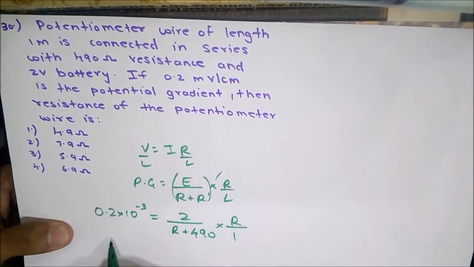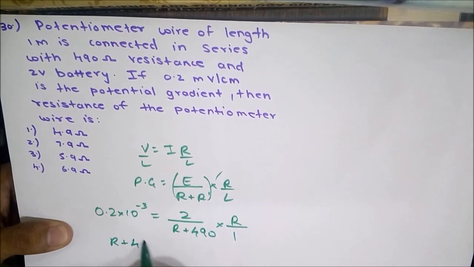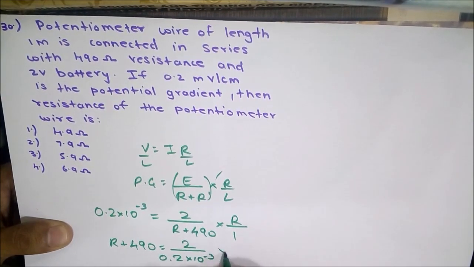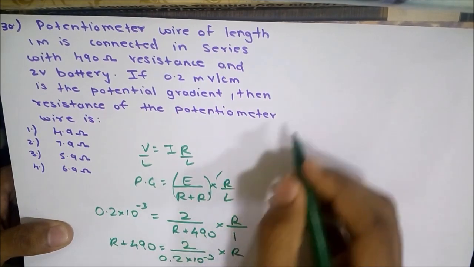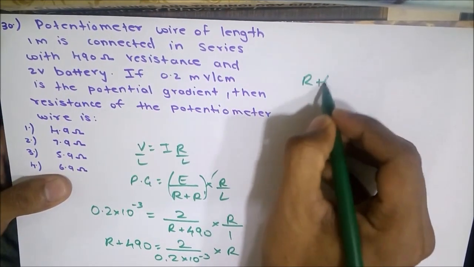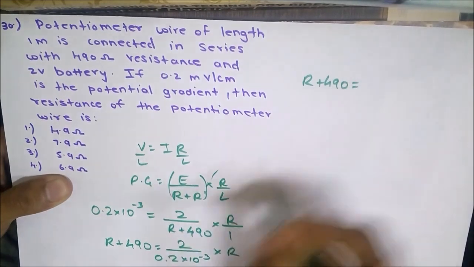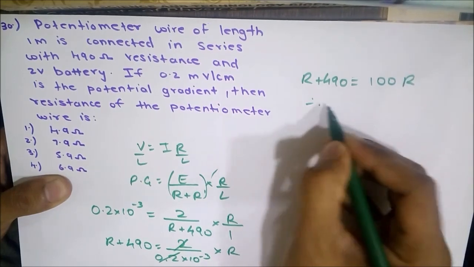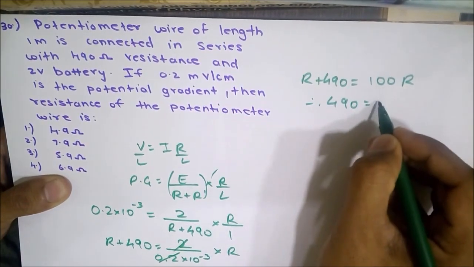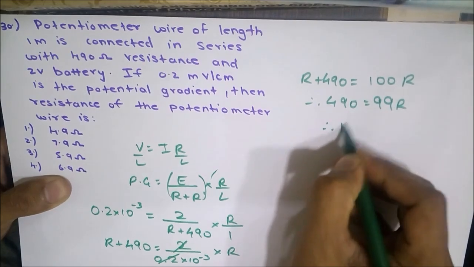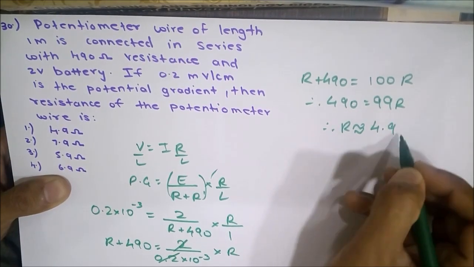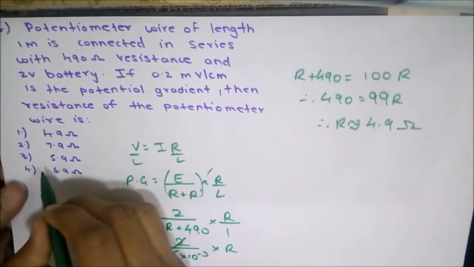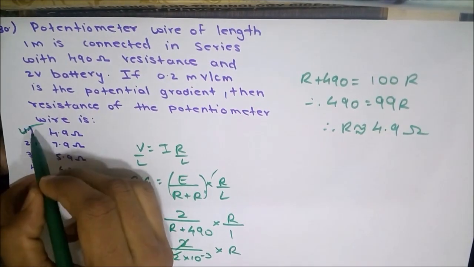So solving this, we get R plus 490 equals 2 upon 0.2 into 10 raised to minus 3 into R. Therefore, R plus 490 is equal to 100 times R. Therefore, 490 equals 99 R. Therefore, R can be approximated as 4.9 ohms. Therefore, option number 1 is the correct answer.